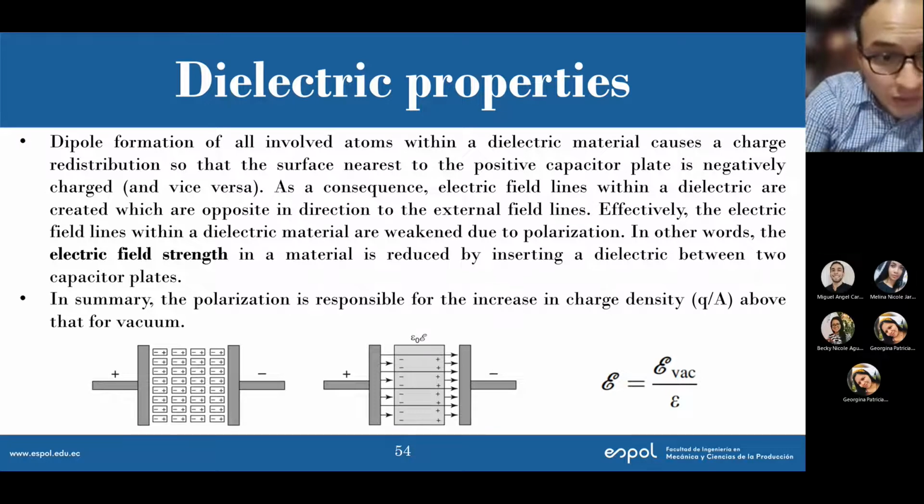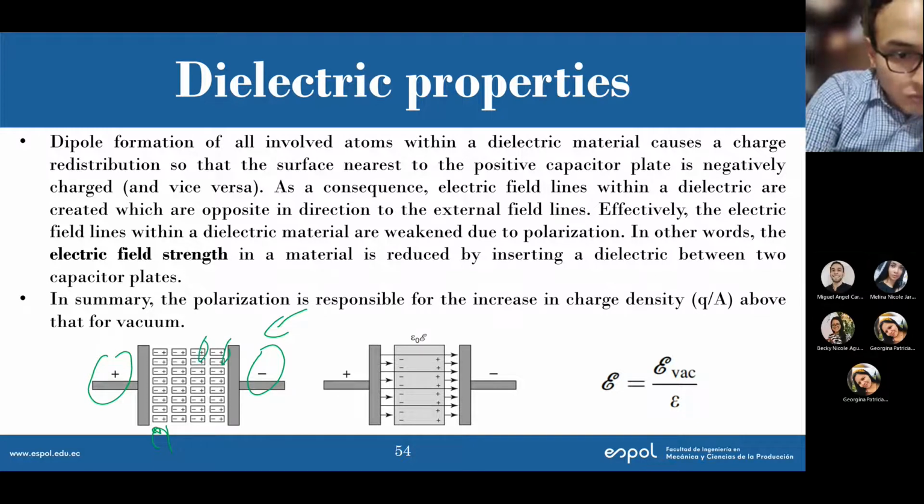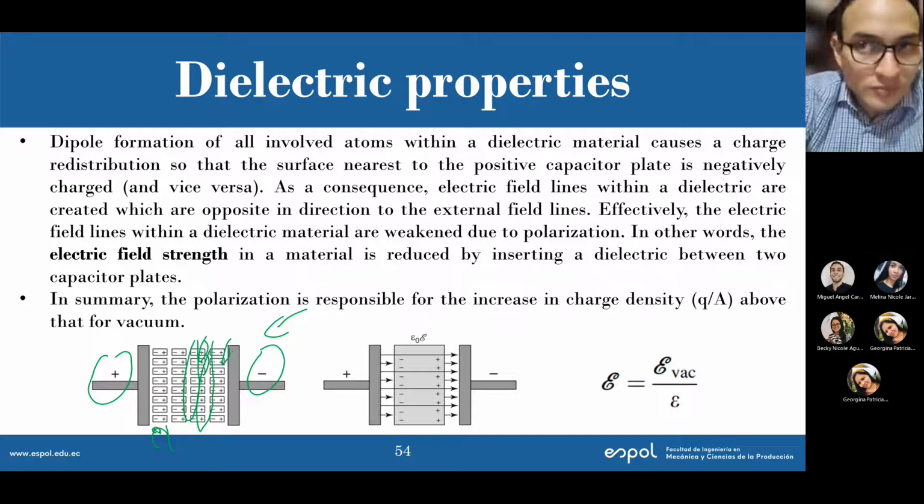You can see in the graph on the left the positive capacitor plate, and all the boxes are atoms. All the negative charges are towards the positive plate, and the opposite is true as well. For the negative capacitor plate, you see all positive charges are at the right, closest to the negative plate.